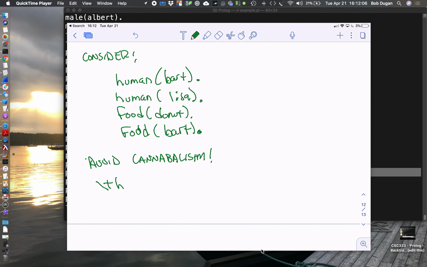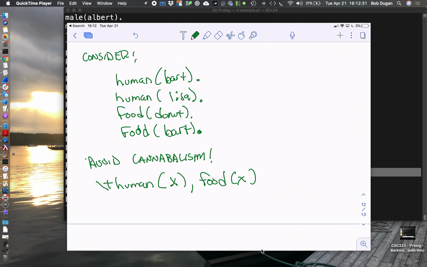So first of all, it has to not be human. And secondly, it needs to be a kind of food. If this was our query, this could either be an antecedent which defines safe food, or it could just be a query that you type in.